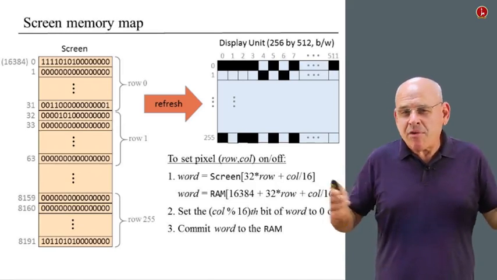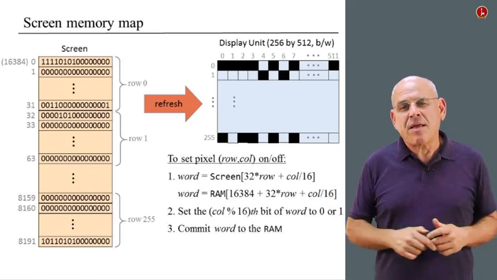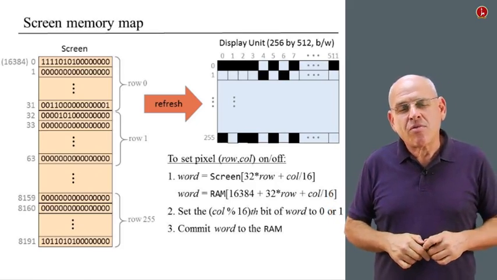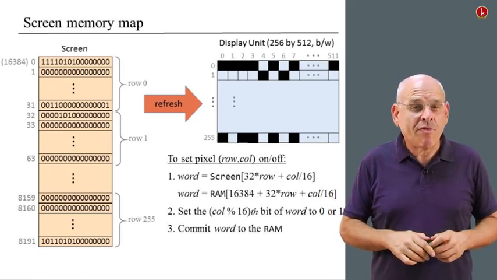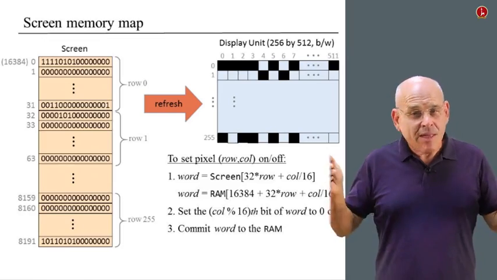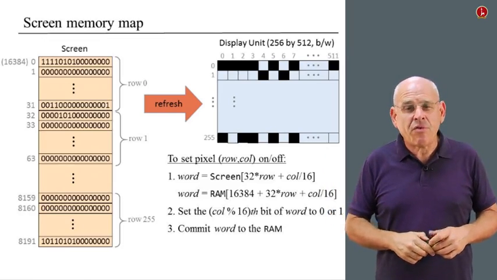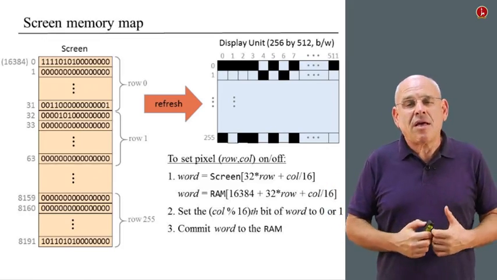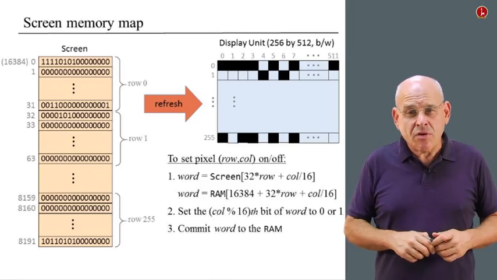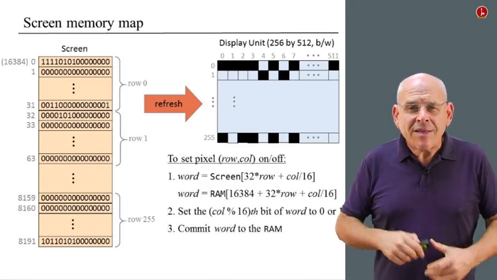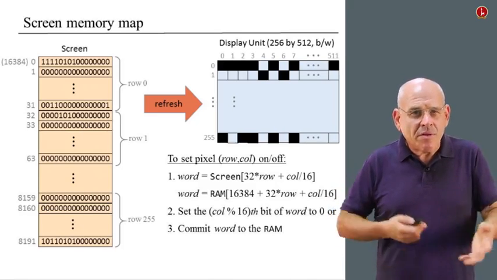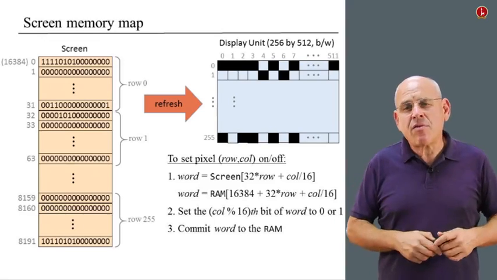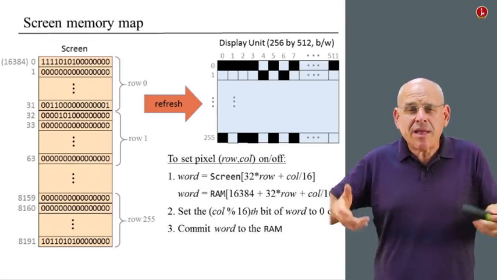Now, I guess that some of you are kind of shocked at how much work it takes to turn on or off one pixel, but that's the reality. If you work at a very low level, the level of bits, that's what you have to do in order to control the screen. Now, I didn't work out all the algebra. This is something that you can do on your own. It will take a few minutes, but you can just take an example.